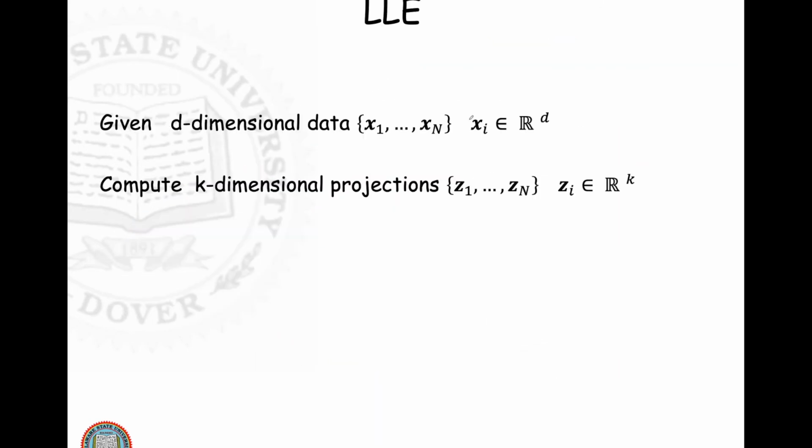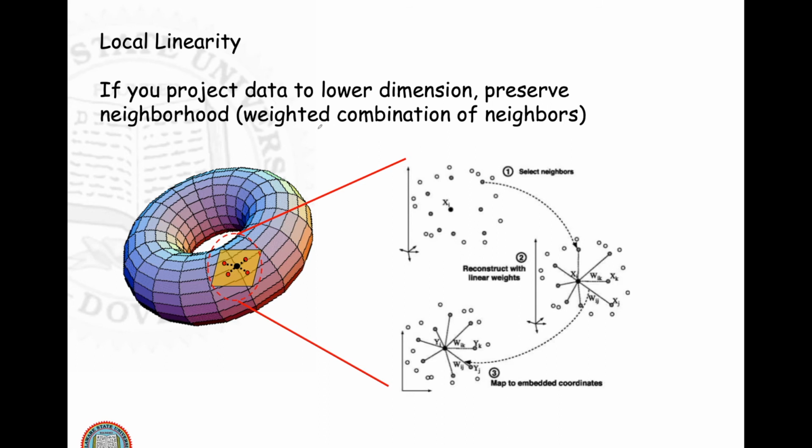And so if we preserve this weighted combination of the neighbors, we're preserving the weight matrix of that patch, of that patch, of that patch, each weight vector or the weight matrix associated with all of the patches around every data point on the manifold.